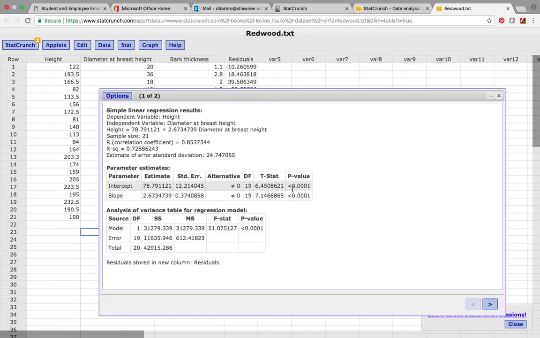My slope is statistically significant, indicating again that the relationship between diameter at breast height and the height of the tree is statistically significant. I can come down to my ANOVA table, and you can see that overall, the height of the redwood can be significantly predicted by the diameter at breast height.